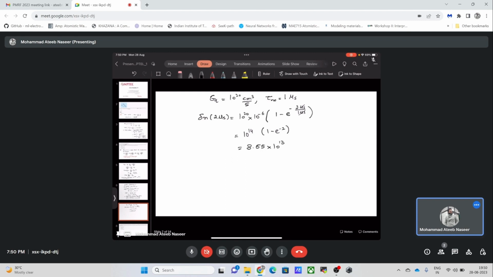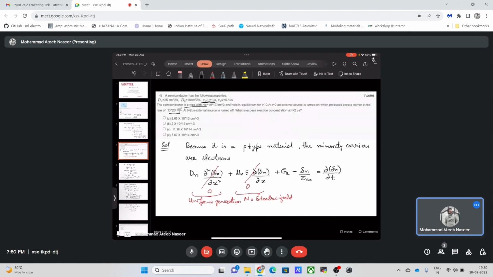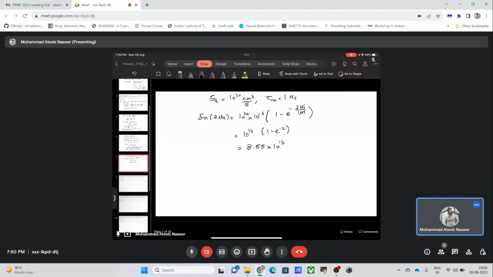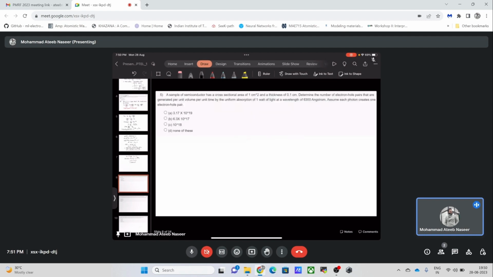Okay, this is fine. Now this unit should be per centimeter cube.